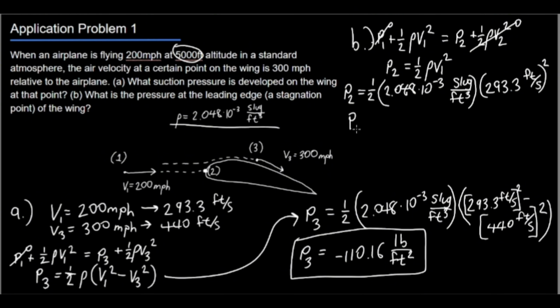And P2 is now equal to 88.09. Don't forget our units. It is pounds per feet squared. And that's the first problem, easiest of the bunch.